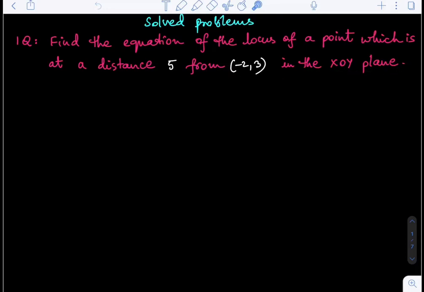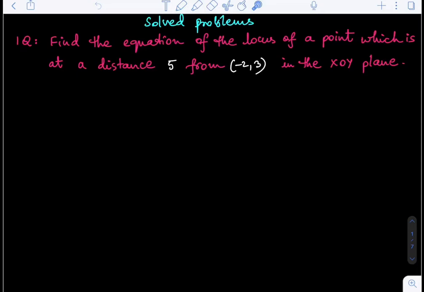So there are geometrical conditions given in the question. What are they? That point is at a distance 5 from -2, 3 in the XOY plane. So this is the condition which is helpful for us to find the equation of the locus.